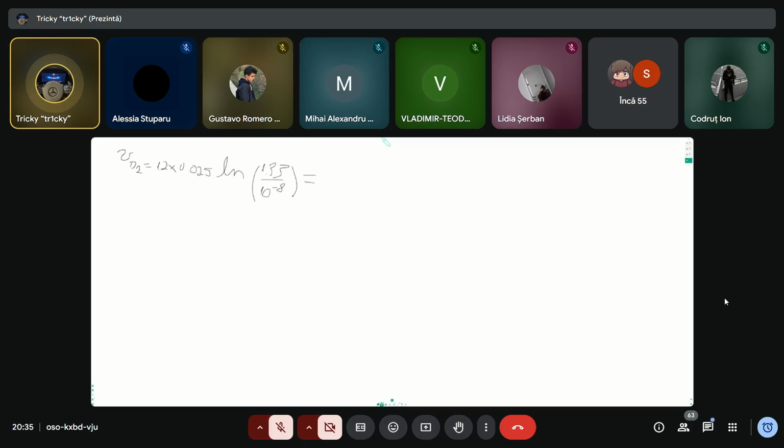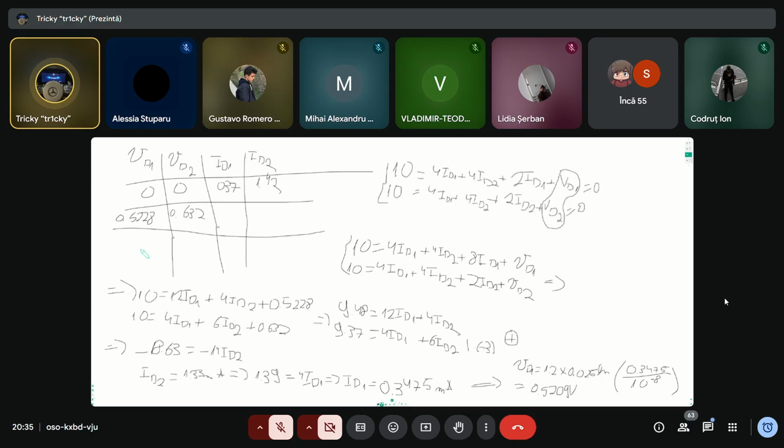Right, this will give us 0.5612 volts. And let's write these in the table.